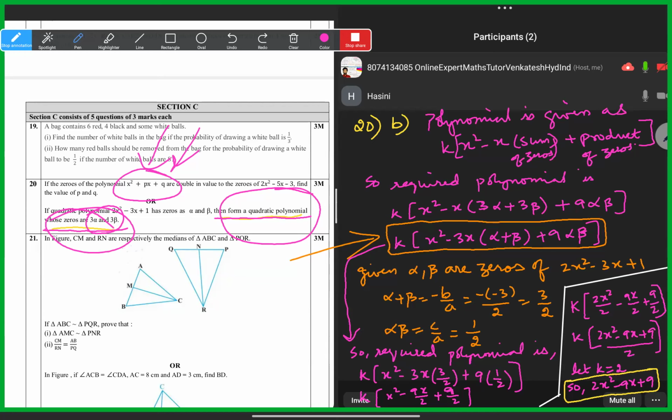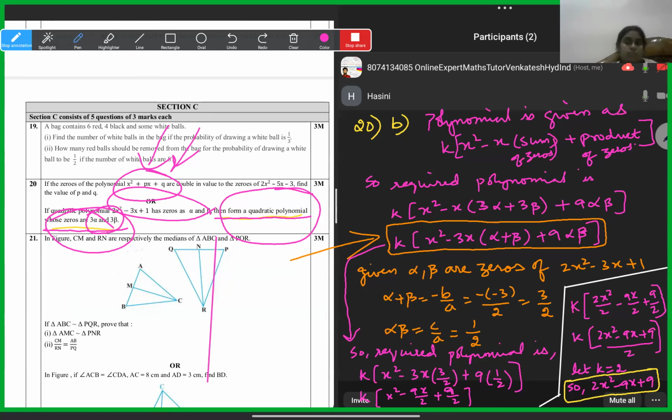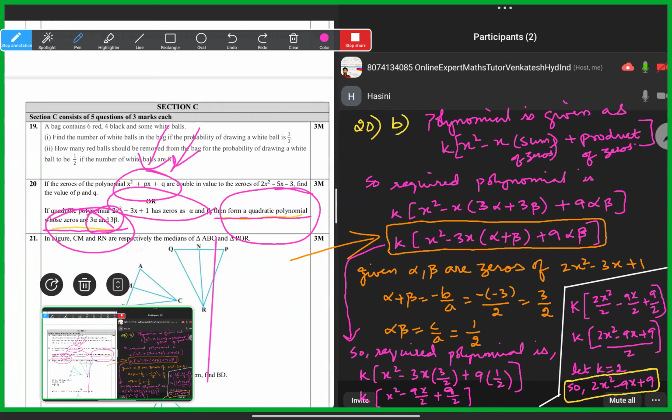The alpha plus beta and alpha beta values we got from the first expression, since alpha and beta are the zeros of the first expression given in the question. For that expression, alpha plus beta using minus b by a we got as 3 by 2, and alpha beta, the product of zeros, we got as 1 by 2, c by a. Then we substituted alpha plus beta as 3 by 2 and alpha beta as 1 by 2 in the expression we require. Then we simplified it and got the polynomial they're asking for.